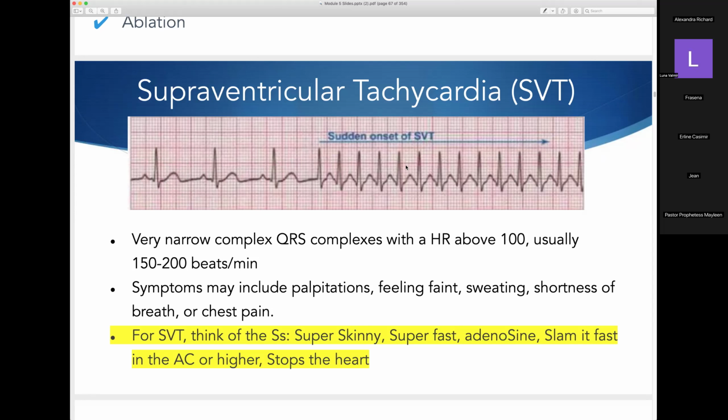So the differences. So can you tell me what is the difference? I'm going to circle both. I'm going to circle a normal heartbeat, and then I'm going to circle the first instance when SVT began, and I want you to tell me the difference.